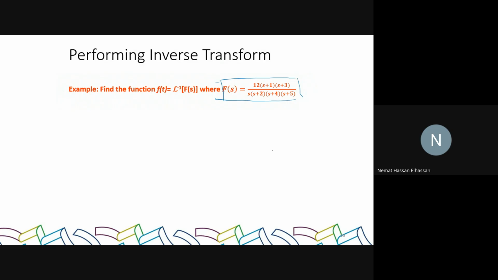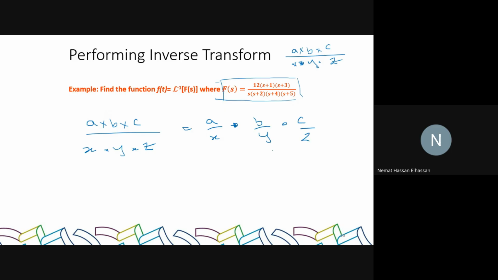Here, partial fractions, بصورة جزئية. طيب this is a large fraction, right؟ كسر ضخم فيه عدد من العوامل, right؟ We can say that this is basically A times B times C divided by X times Y times Z, صح؟ تقريبا, which is basically, let's write it here, A times B times C divided by X times Y times Z is equal to A over X times B over Y times C over Z, right?